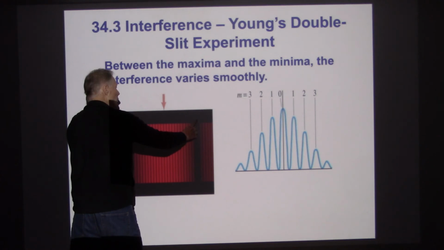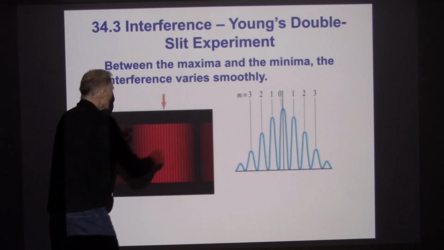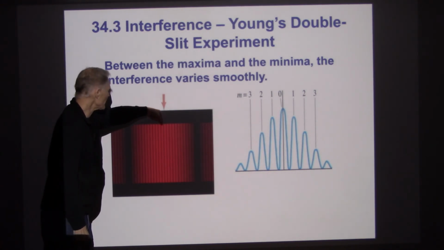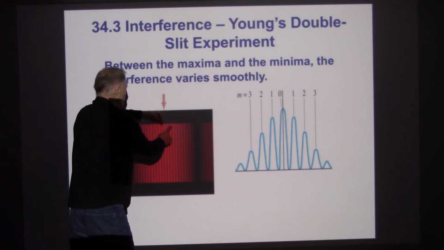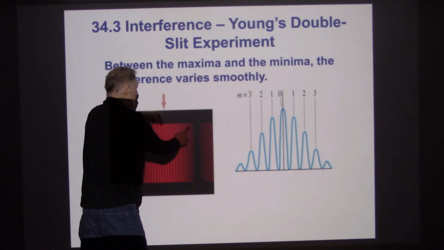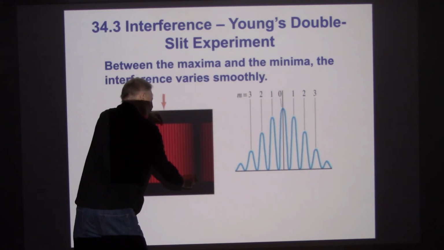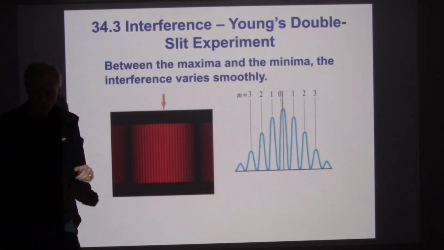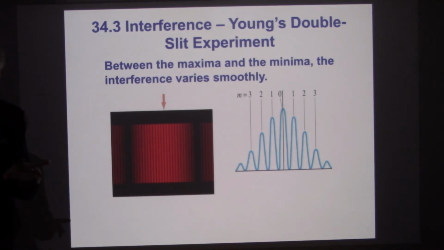Here is m equals 0 for the diffraction. If I think of the two-slit effect, here's m equals 0, then n equals 1, 2, 3, 4, 5, 6, 7, 8, 9, 10, 11. It looks like the 12th two-slit interference peak is being squashed by the diffraction effect.